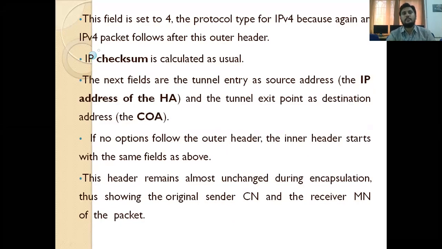This field is set to 4, the protocol type for IPv4, because again an IPv4 packet follows after this outer header. The inner header follows IPv4 and the outer header also follows IPv4.